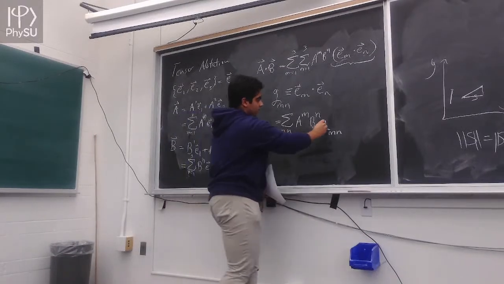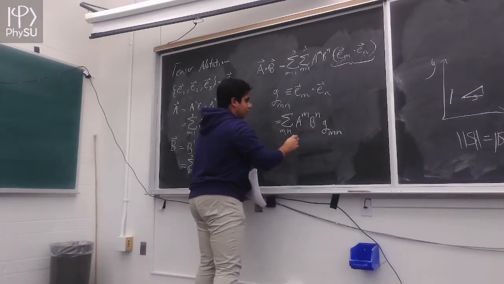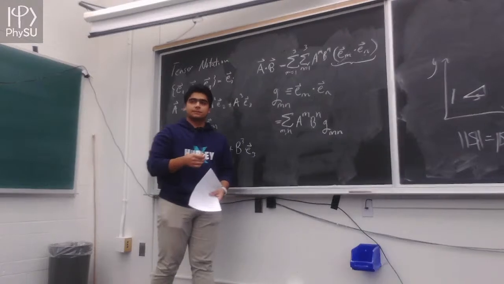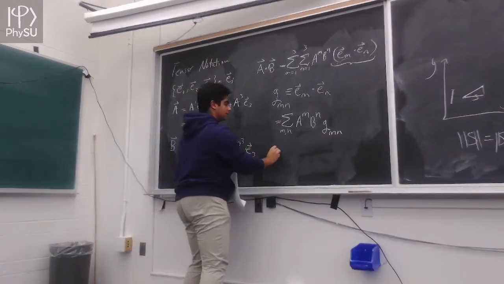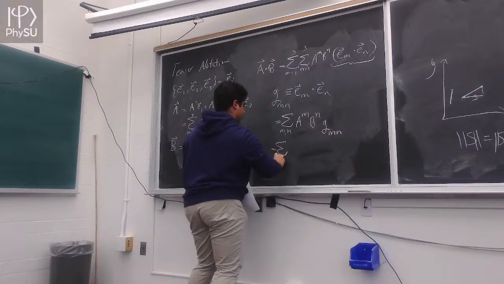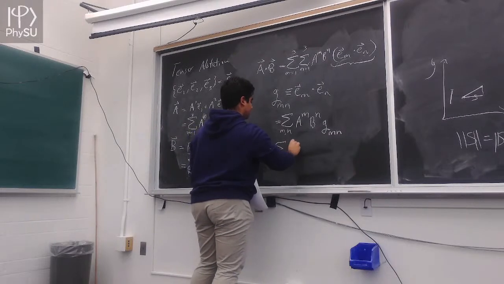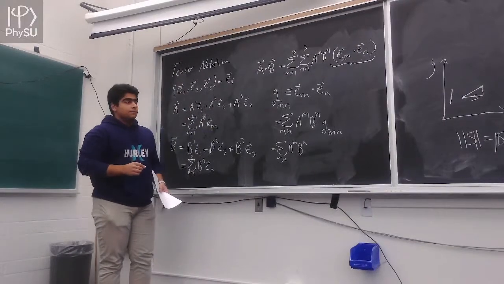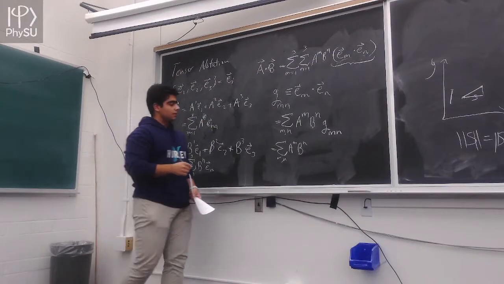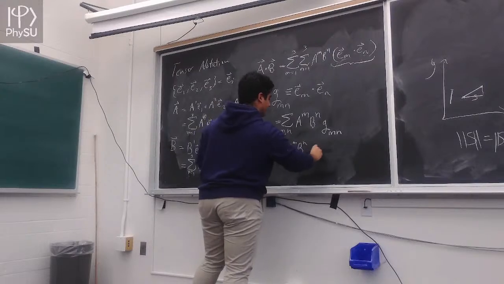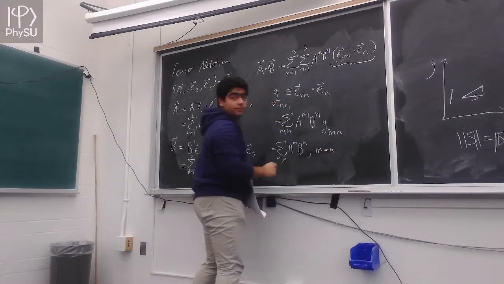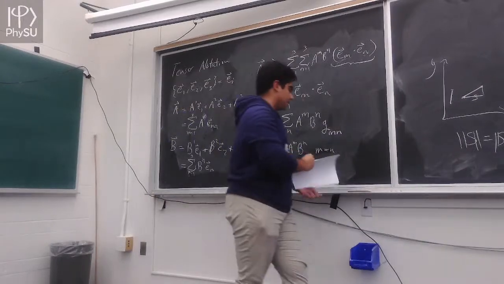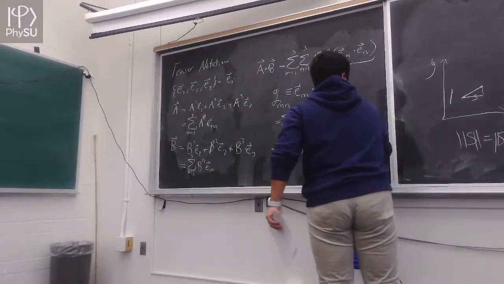But first, let's say, how do we know that this can become our ordinary dot product? Because the dot product that we're used to is just a sum over m and n of am times bn, right? And this is only when m and n are equal. So the way we get to this is by something called the Kronecker delta.